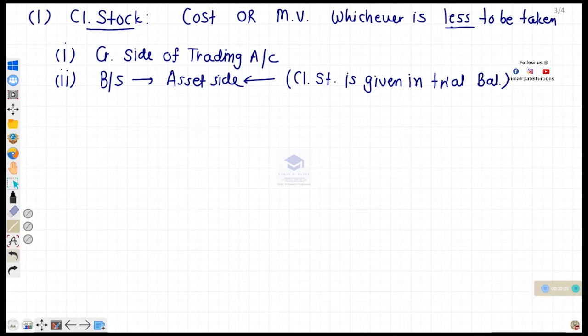Okay? Now, understand. The value of closing stock is 1,20,000, which is 120% of market price.